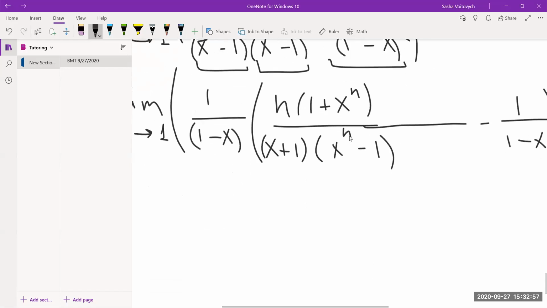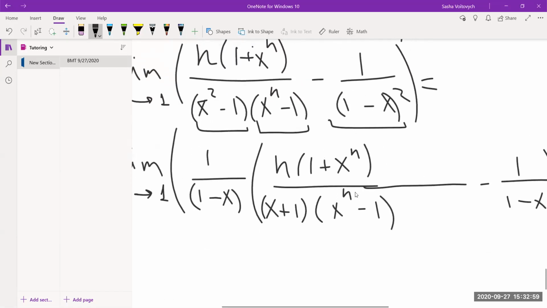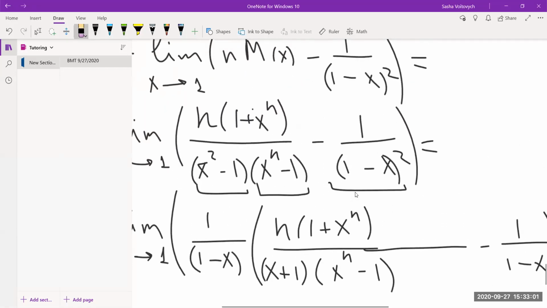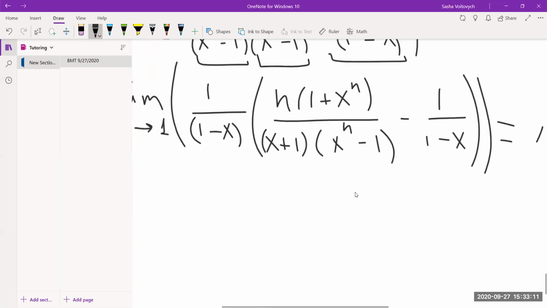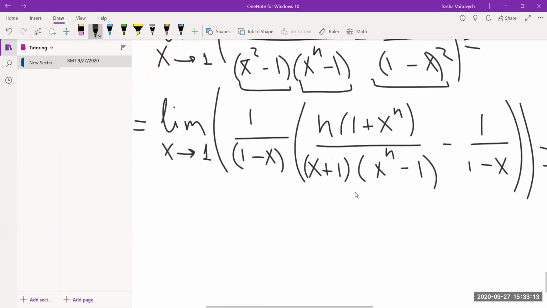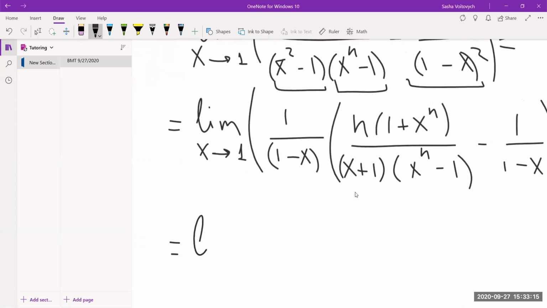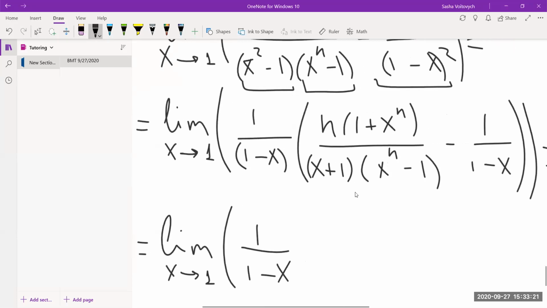So yeah, we have this limit. Let me shorten it a bit. Minus 1 over x.